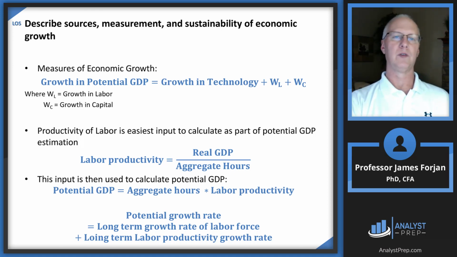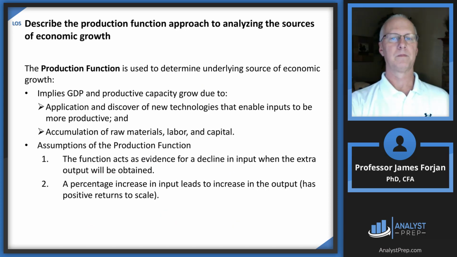I want you to think of it this way. Notice the LOS says to describe these sources of economic growth. And so the focus doesn't have to be on actually making any kinds of calculations here, but just remember the relationship between what sounds like it's going to increase GDP versus what sounds like it's going to decrease GDP. All right, describe the production function. This is used to determine the underlying source of economic growth.